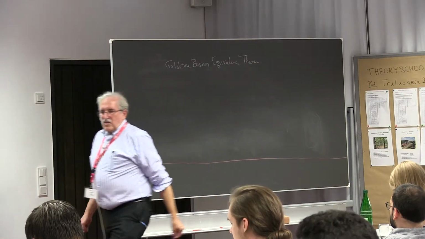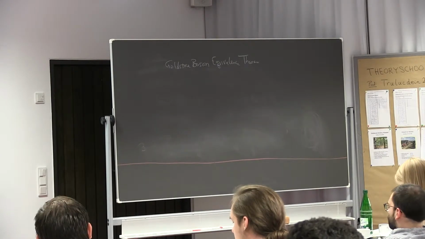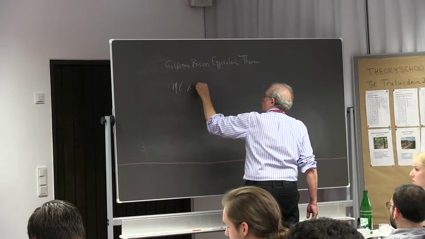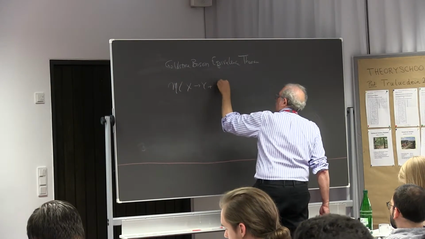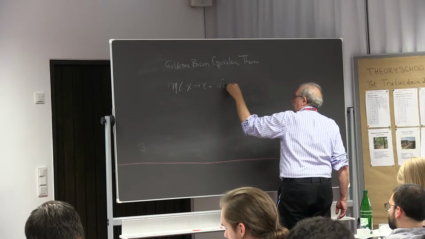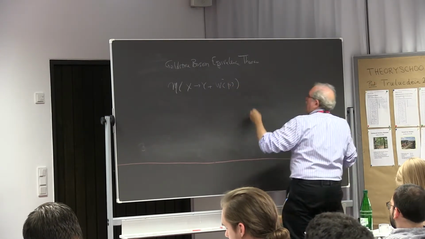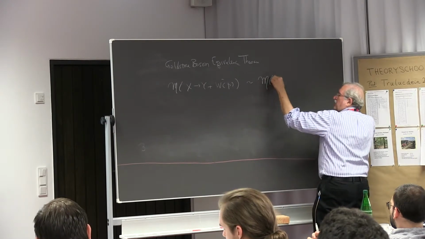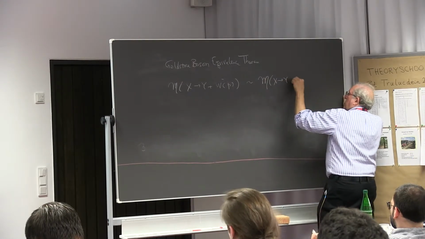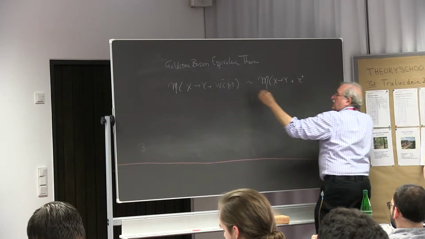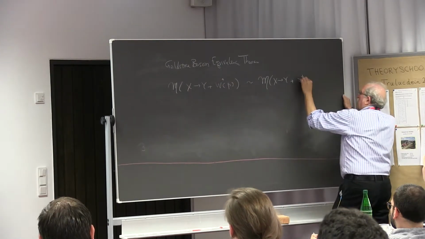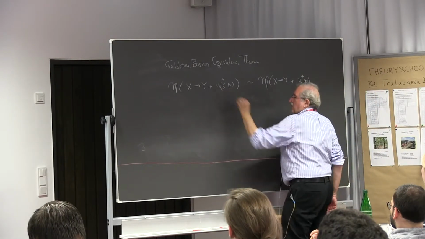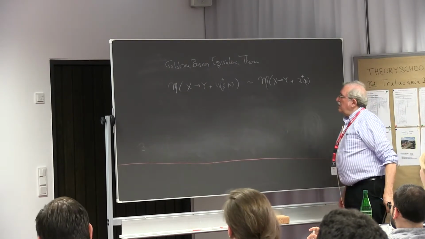The Goldstone boson equivalence theorem says the following: if you have a matrix element of x goes to y plus a W boson of momentum p, that becomes asymptotically equal to the matrix element for x goes to y plus the Goldstone boson of the standard model that the W ate, and this is a W0, a longitudinal W boson.